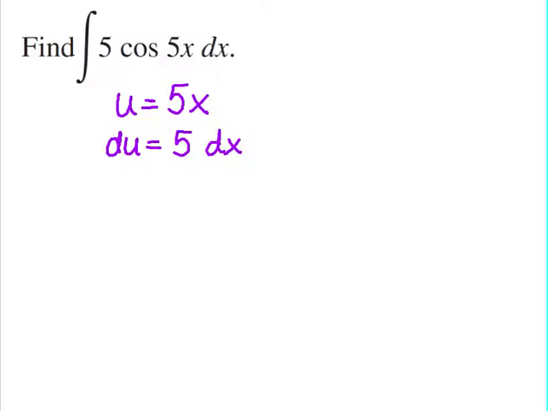So now let's look at what I have. If I rewrite my integral, I have the cosine of 5x, but it's actually cosine of u. So that is now taken out this part. Look at what's left. 5 dx is the only part left, and that is symbolized by du.